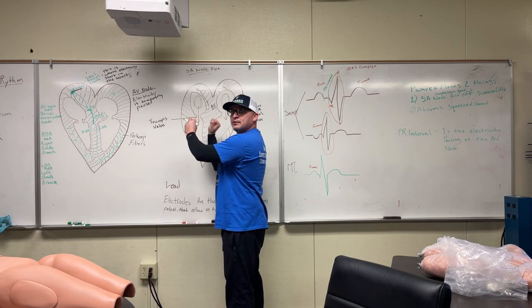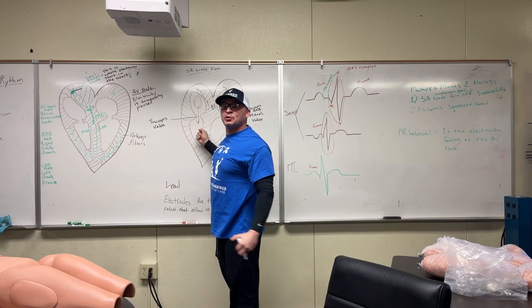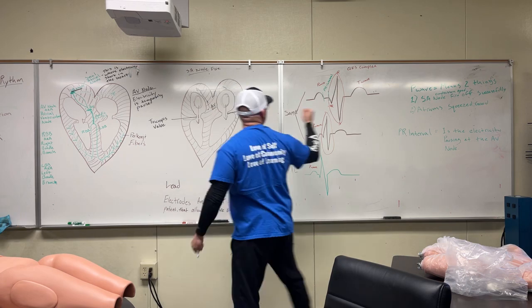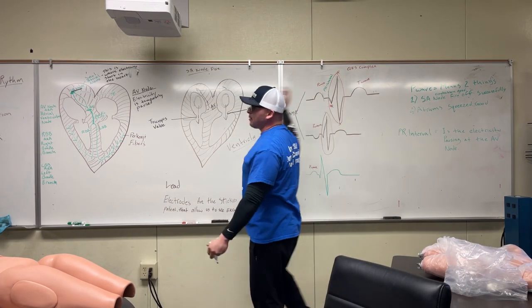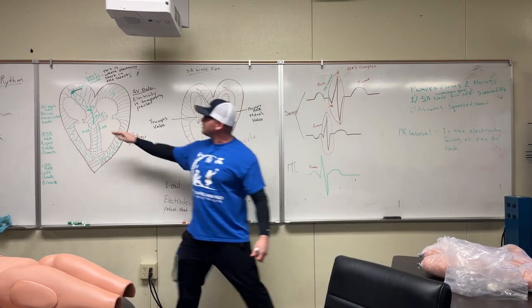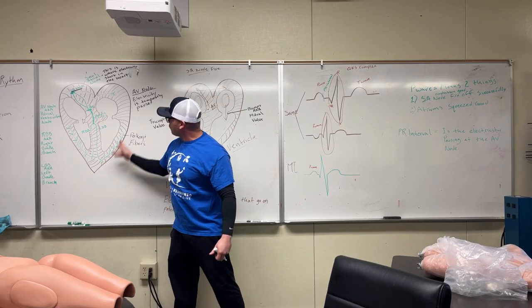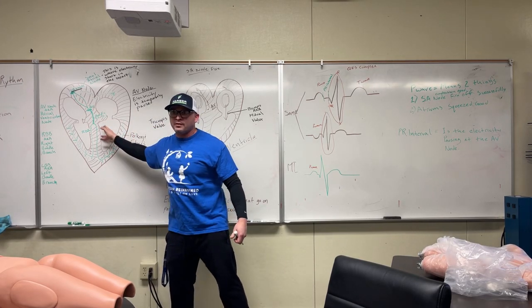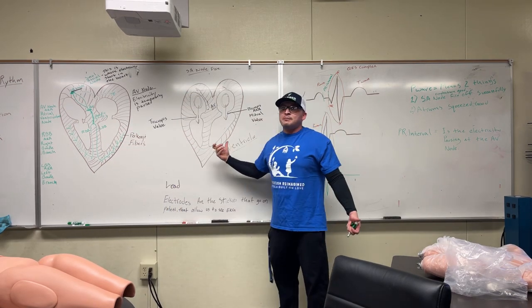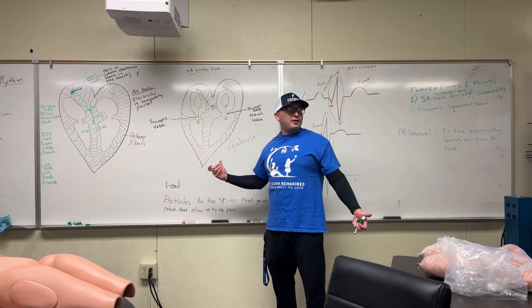What else is happening? The ventricles are squeezing. So now you know that when you see this on a monitor, it means two things. It means the electricity left the AV node, that pause was done, it went through the ventricles. Therefore, they're squeezing because electricity makes the muscle squeeze, right?